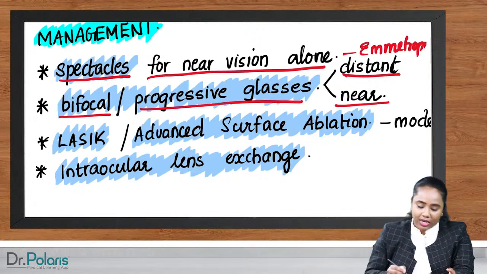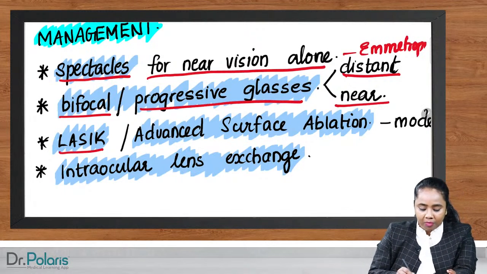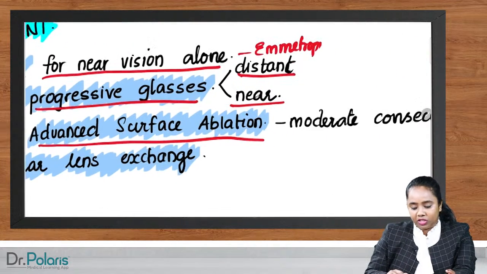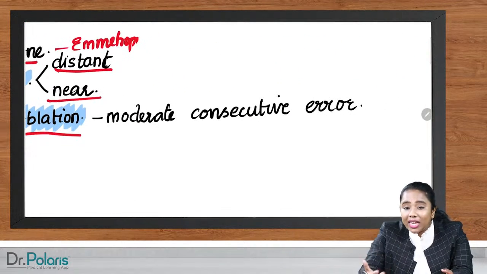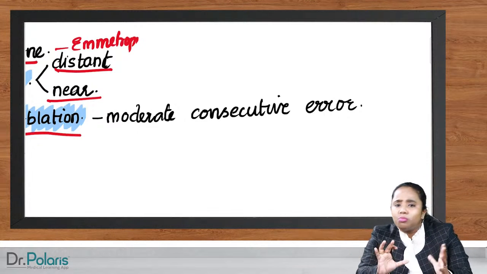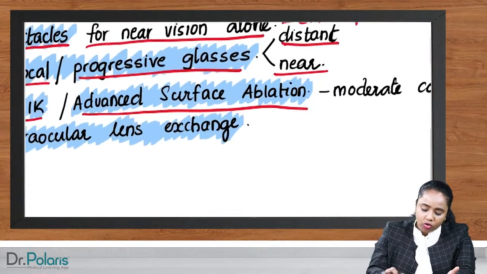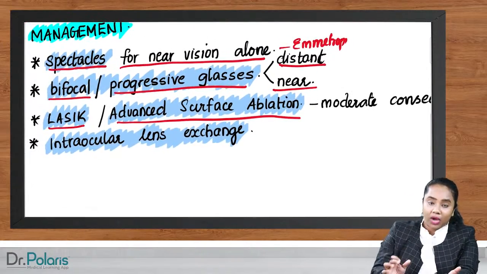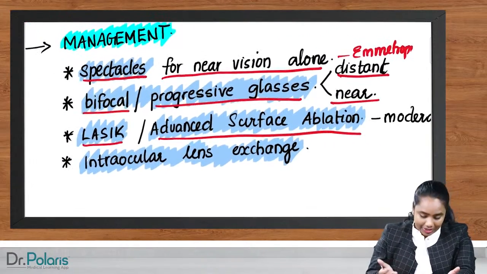Then coming to the surgical management, you can go for LASIK or advanced surface ablation, mainly in a moderate error. If there is a consecutive refractive error, and if it's a moderate kind of error, you can go for procedures like advanced surface ablation or LASIK.